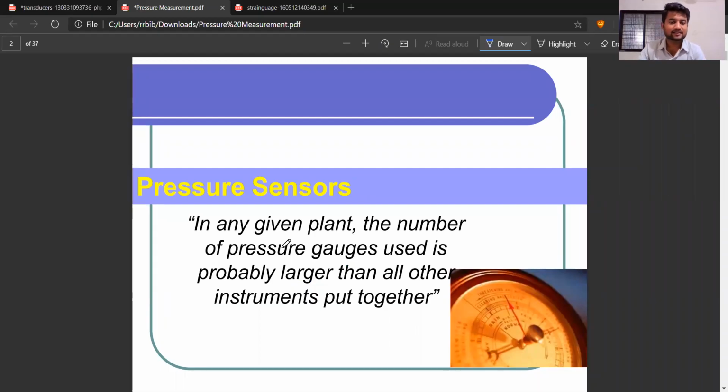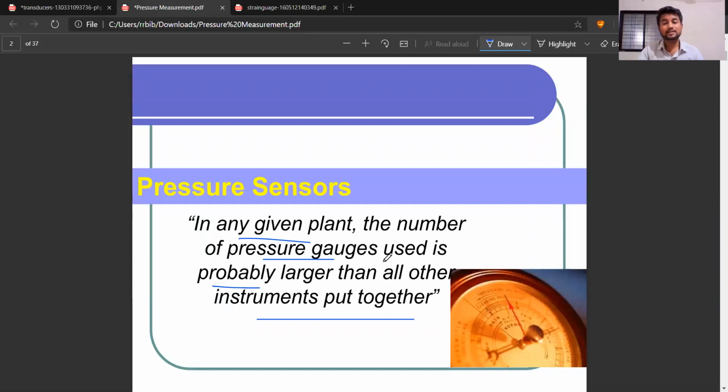The pressure sensors: in any given plant, the number of pressure gauges used is probably larger than all other instruments put together. This is also very important, which is why the university added pressure measurement as a separate section in this transducer unit, because in any given plant there are a lot of pressure gauges, more than all the other instruments put together.